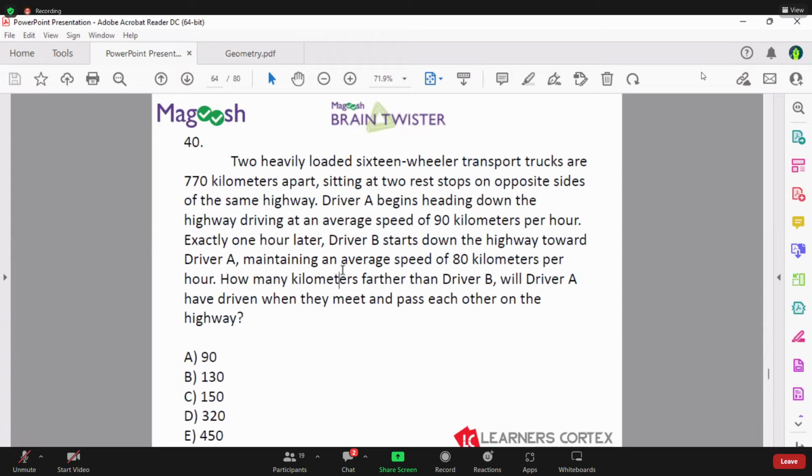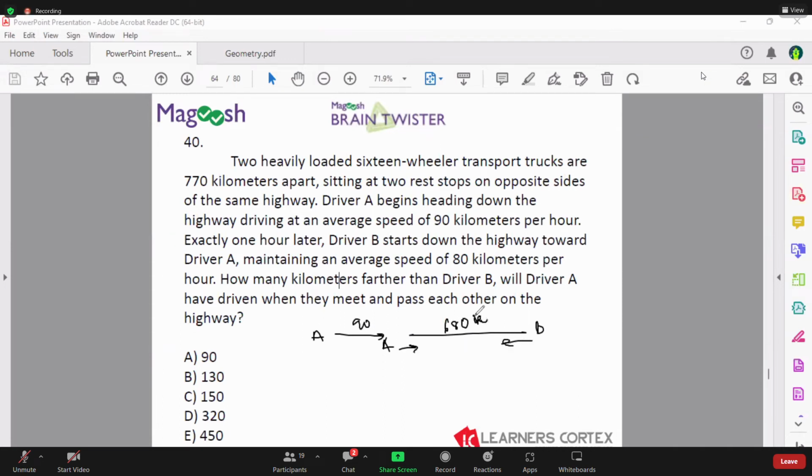Yes, sir, I can. Yes, Pradesha, go ahead. So A will have covered 90 kilometers in the first 1 hour. So the distance left to be covered is 680. And when the two vehicles are coming towards each other, we add the speeds.